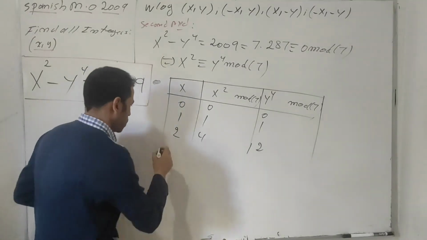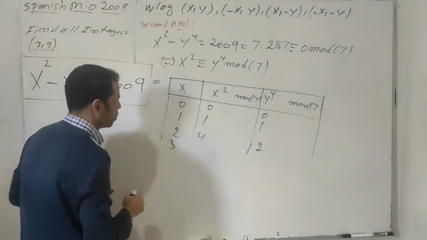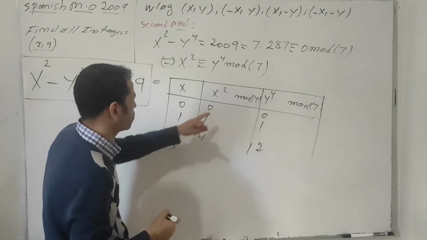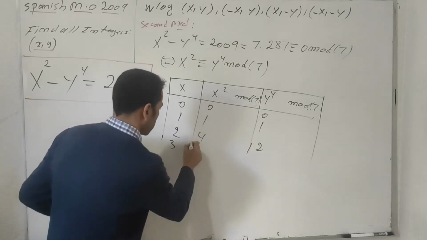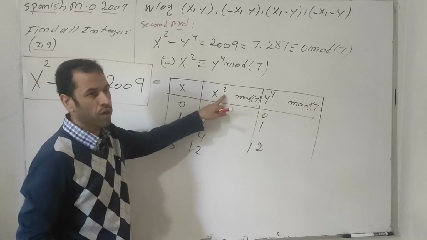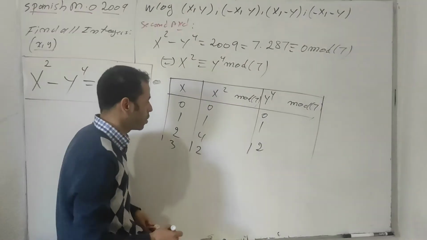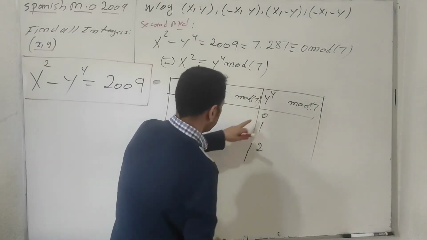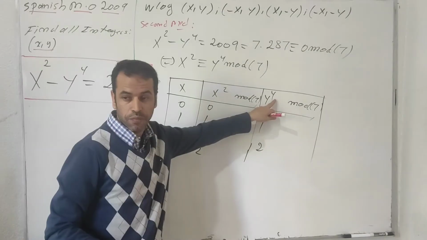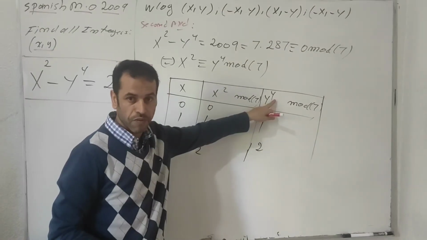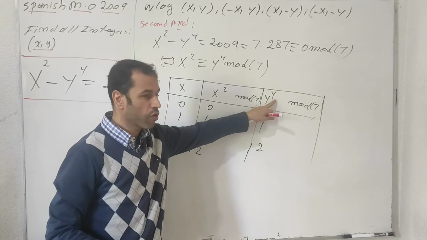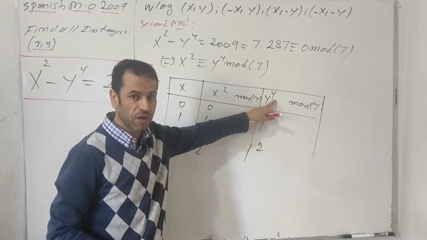Let's check number 3. x equals 3, which is 9. 9 is the same as 2 mod 7, because 9 is 2 more than 7. For this one, 3 to the 4th is 81. 81 is 4 mod 7, because 81 is 4 more than 77.